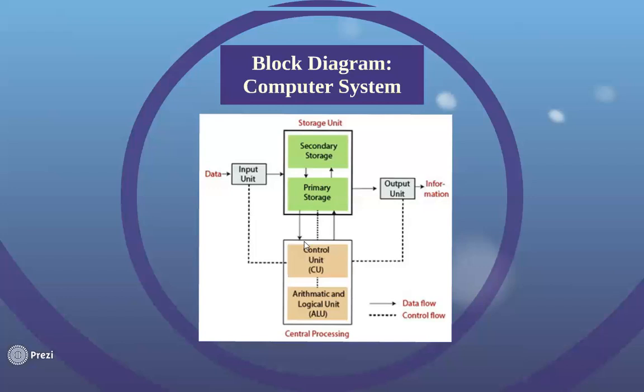So what it means is that you can store your intermediate data, or you can store the result, or you can retrieve data from the storage unit for any particular purpose. After processing the data, you get the output.